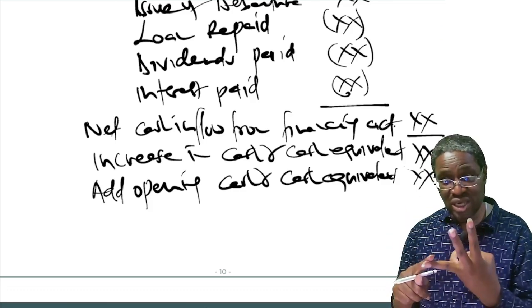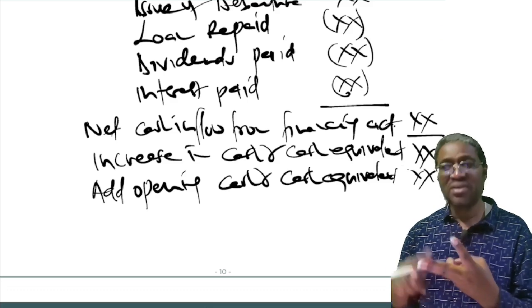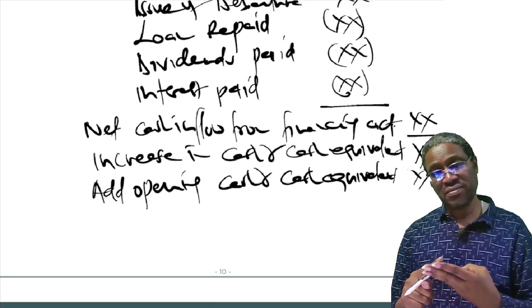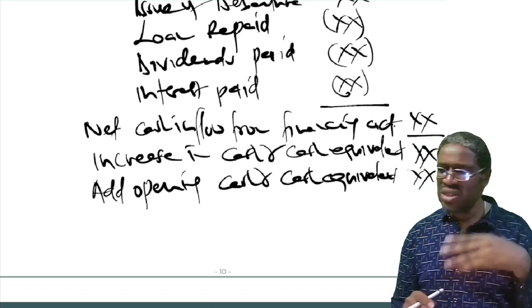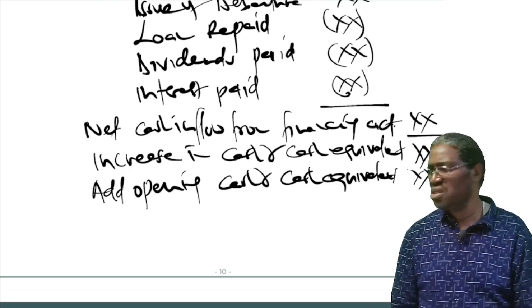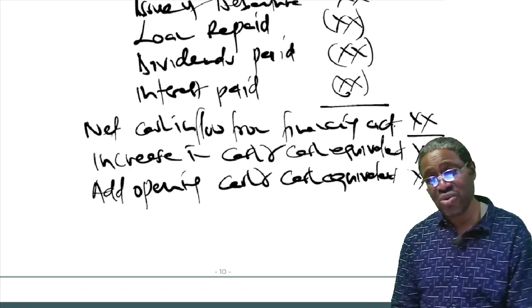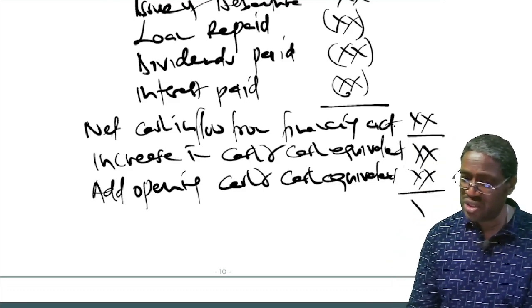One, cash in hand, money in the bank, and any short-term investment. Some questions have all the three items in the balance sheet. Some questions may only have cash. Some may only have cash and bank. That depends on the question. Good. But you add the opening cash and cash equivalent.